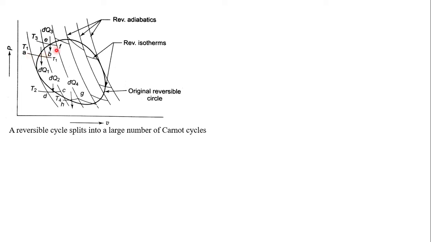So if you see, this original reversible cycle is now split into a large number of Carnot cycles. Okay, this is the signal.